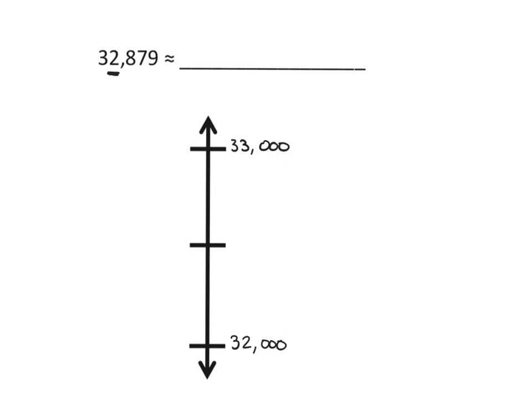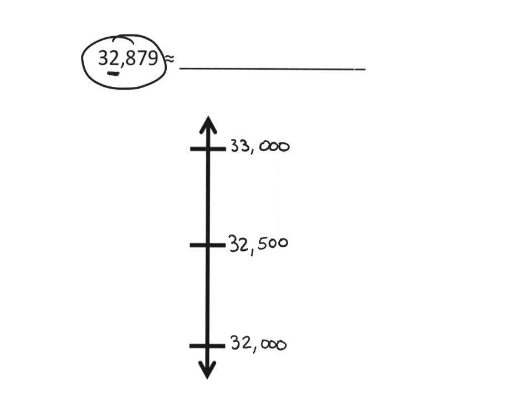But first, I need to find the midpoint between these two values on my vertical number line. If I think about the spot that's halfway between 32,000 and 33,000, I determine that it is 32,500. So that's the exact middle between 33,000 and 32,000. Now that I've set up my vertical number line, I just need to place the number that I'm rounding on the number line.